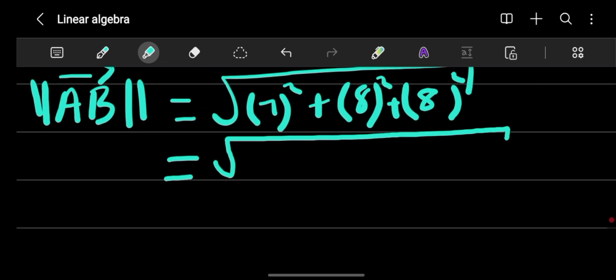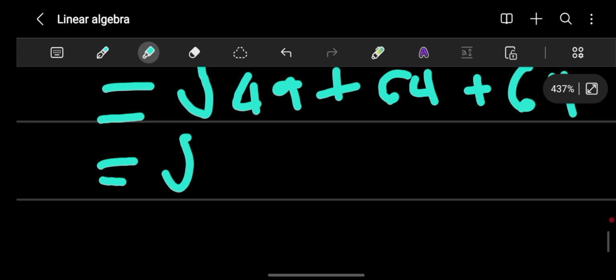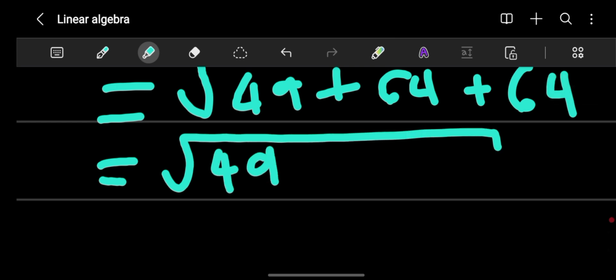Also, remember to have everything in brackets to minimize the possibility of not recognizing where the negative is. So that's 49 plus 64 plus 64. I hope it's actually 64. That's 49 plus 128.